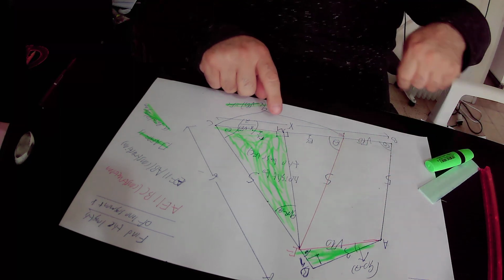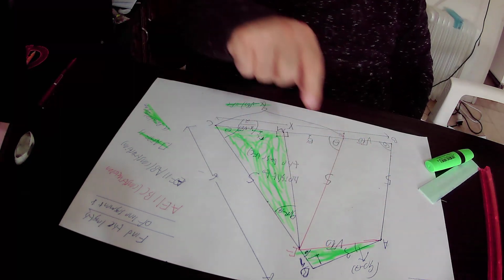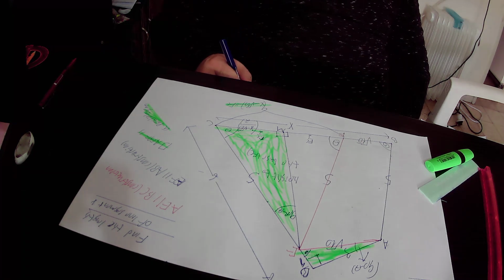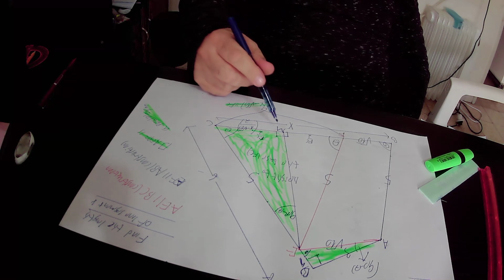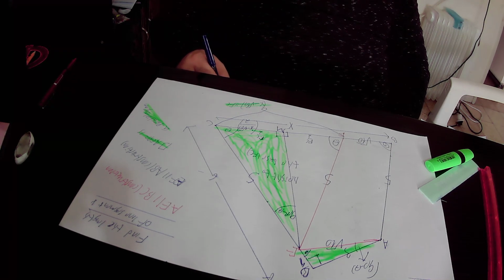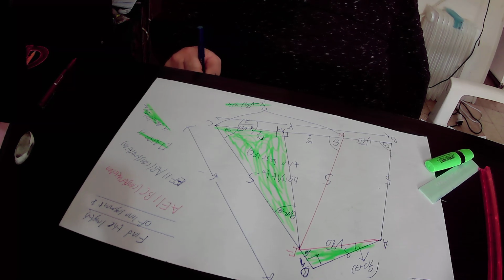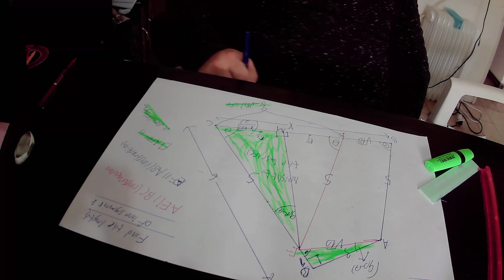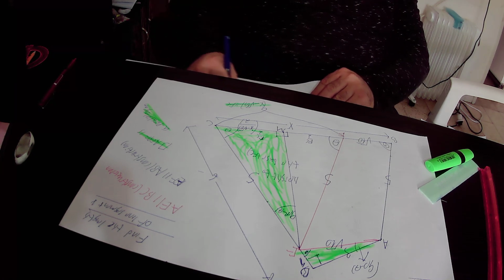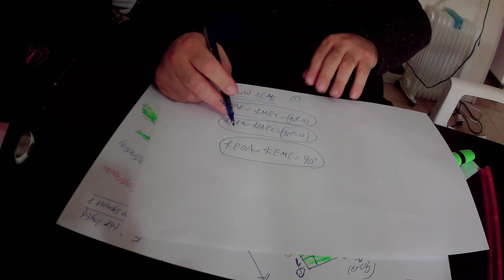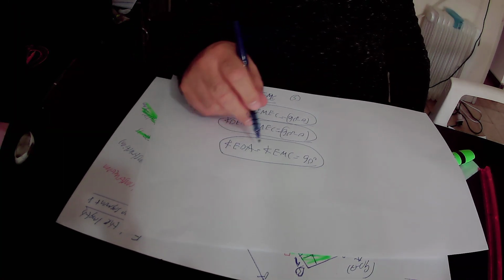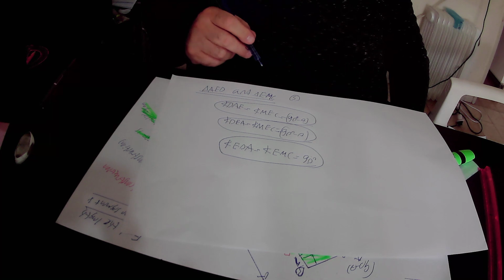So we can write down that angle EDA, this angle, is equal to this angle that is actually angle EMC, and both angles are equal to 90 degrees.